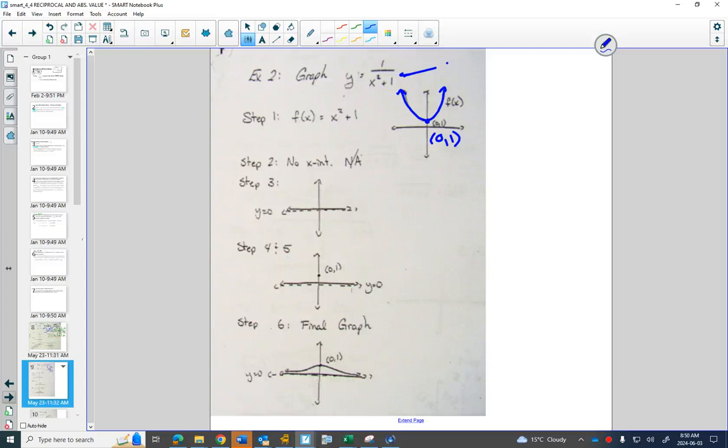And this one has no non-permissible values. You can never make the bottom equal to 0. And you can see it in the graph, that the blue one has no x-intercepts.